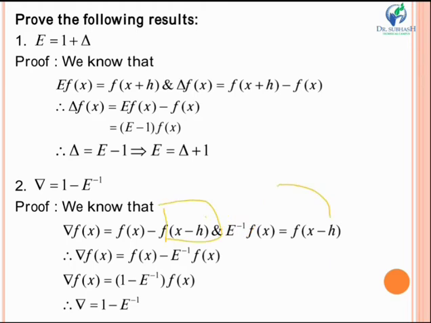We can replace this by E inverse. So this will be converted to nabla f(x) equal to f(x) minus E inverse f(x), right? Now we will take f(x) common from the next step, and you get here 1 minus E inverse. Now again, if you remove this f(x) from both the sides, we get nabla equal to 1 minus E inverse, and hence we have proved this result over here.